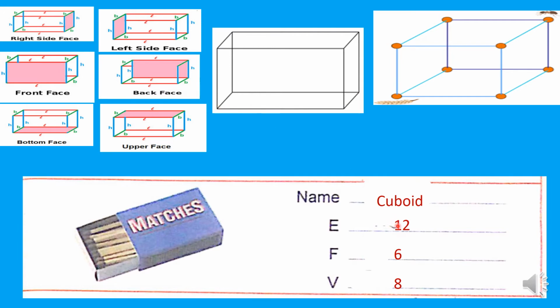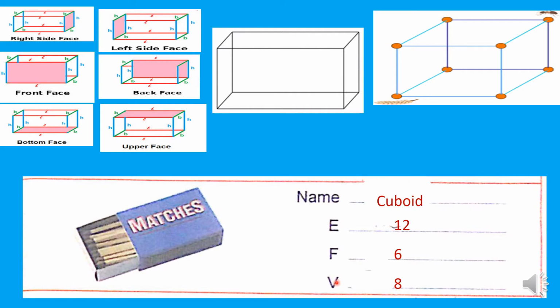So total 12 edges the cuboid has. That's why we're writing 12 here. Next, how many faces does the cuboid have, children? 1, 2, 3, 4, 5, 6. Total 6 faces. Right side face, left side face, front face, back face, bottom face, upper face. That's why we're writing 6 here.